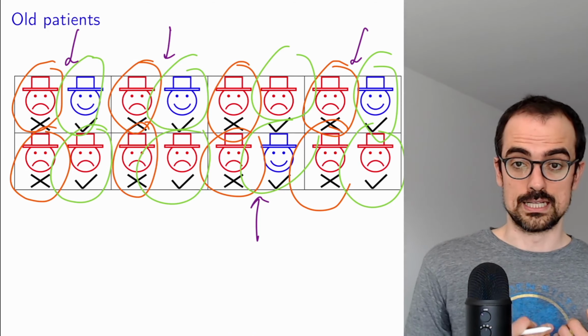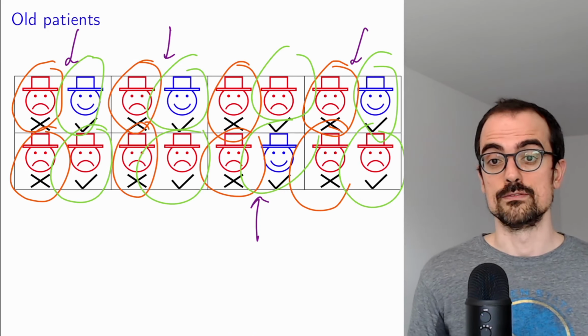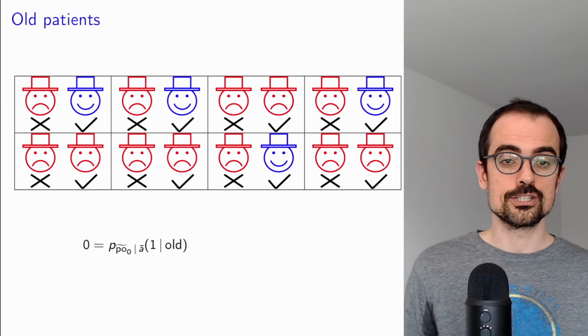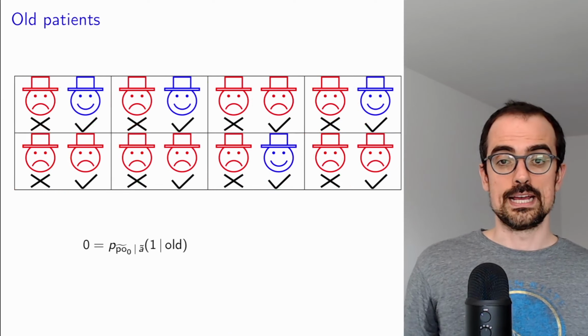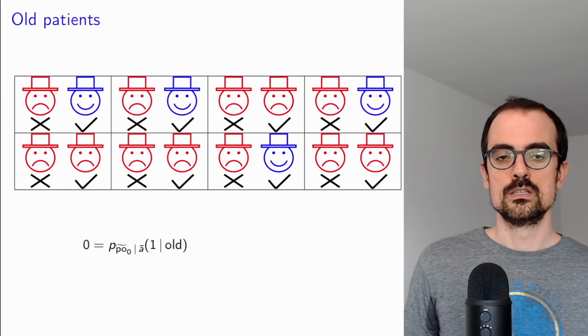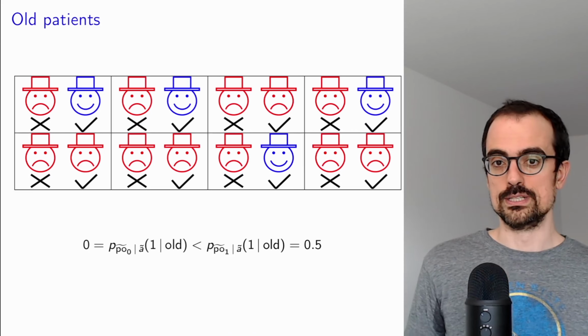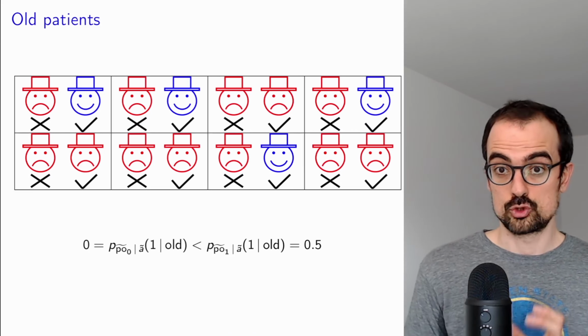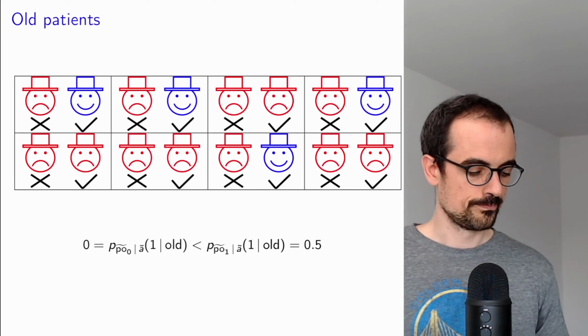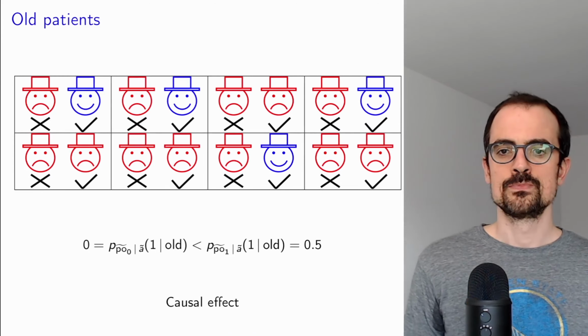They're not cured in the alternative reality where they do not receive the drug. So for all old patients, no one recovers if they don't receive the medicine, and half of them recover if they do receive the medicine. The medicine has a strong causal effect. All right?